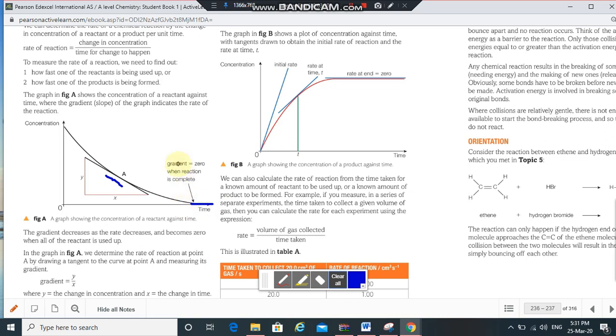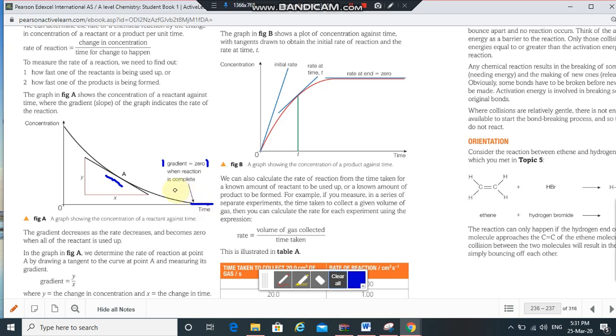This means the slope here is 0, and also we will assume that the rate is 0 because the gradient or the slope, the same word, equals the rate of the reaction. So when the gradient is 0, it means at this phase of time the rate of the reaction is 0 also.